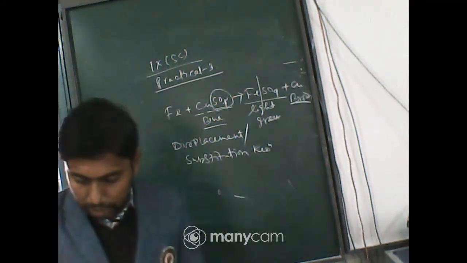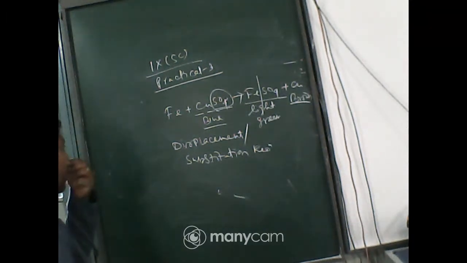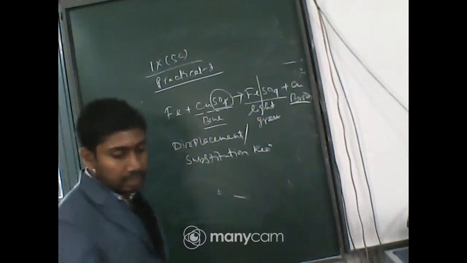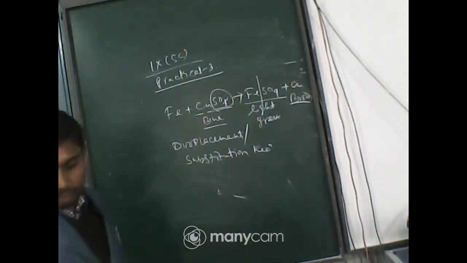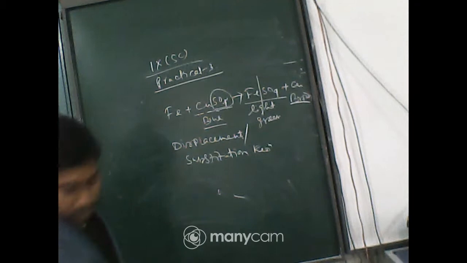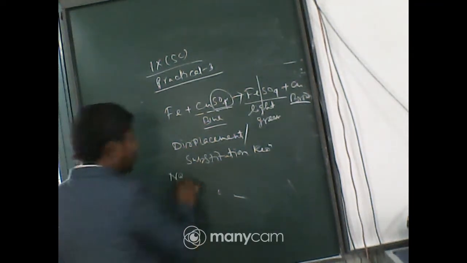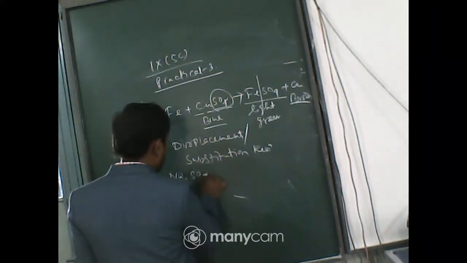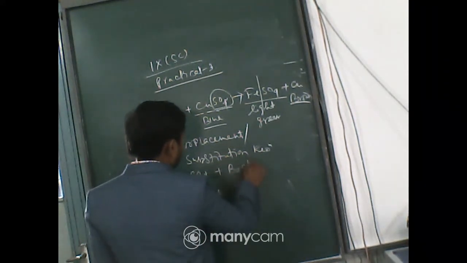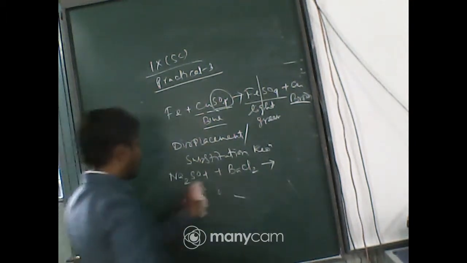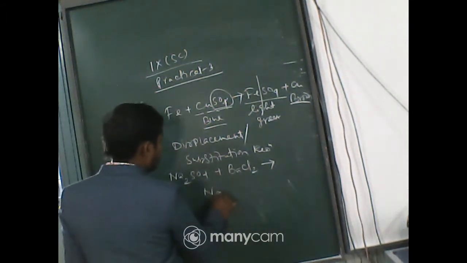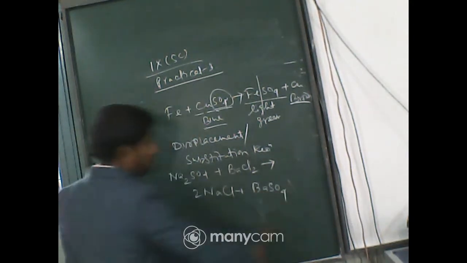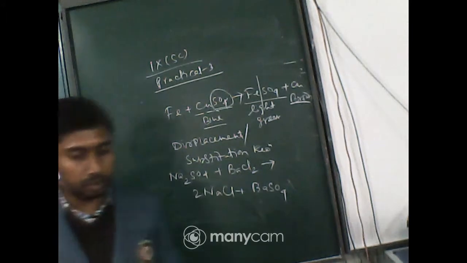Next, double displacement reaction. It is the same kind, but here in the example it is of a different kind. One example is sodium sulphate. What is the formula of sodium sulphate?